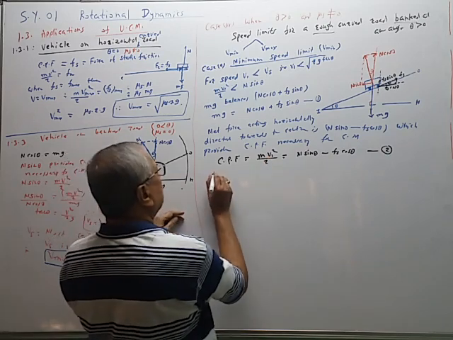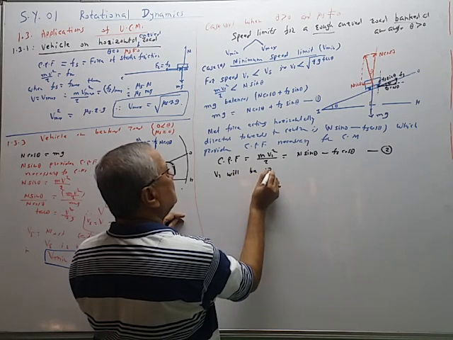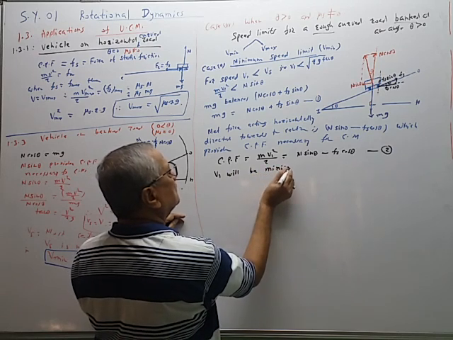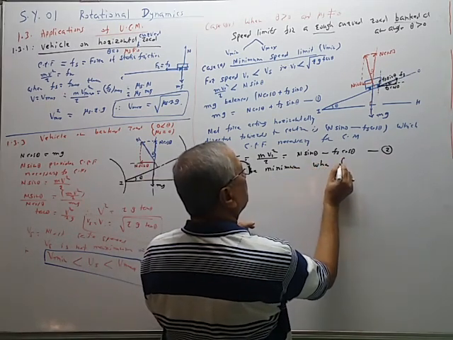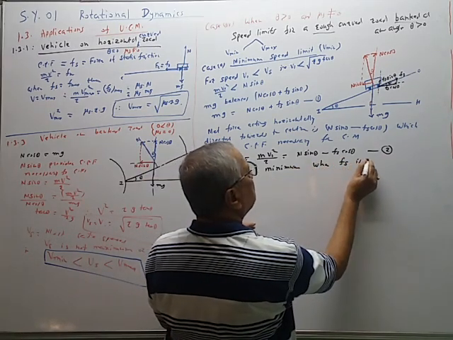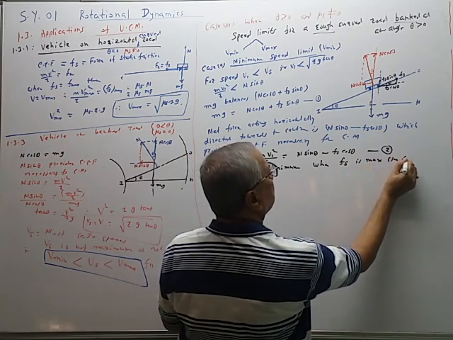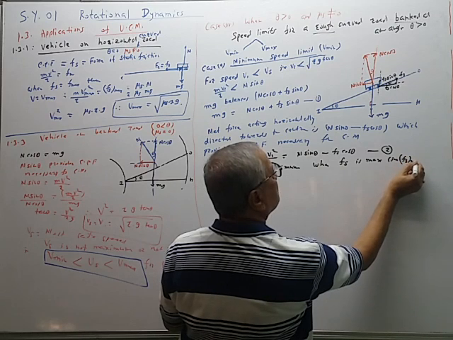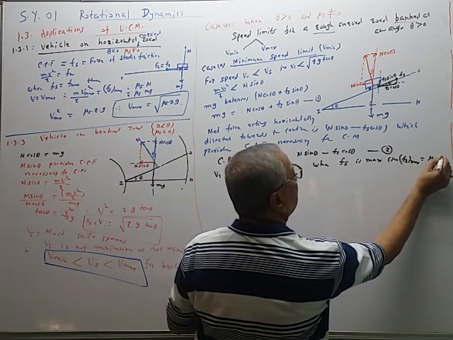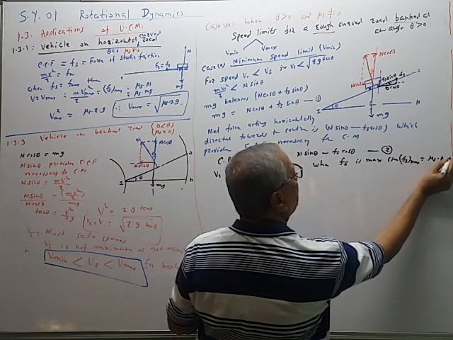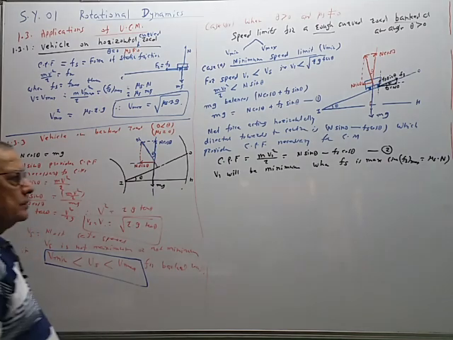So V1 will be minimum when Fs is maximum, that is Fs max is equal to mu s into N, where N is the normal reaction.